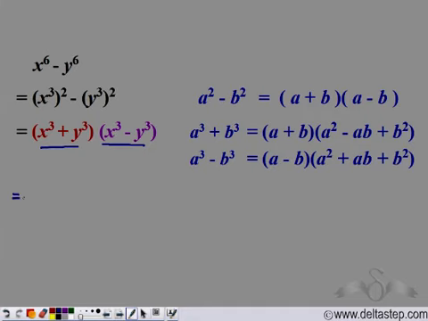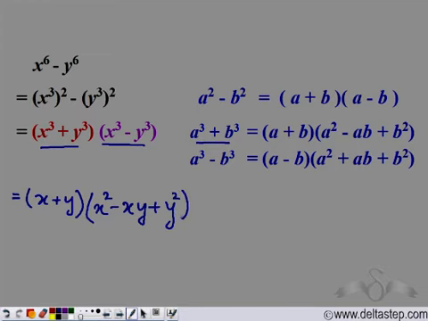So let us factorize these terms further. x cube plus y cube, using this, it can be written as x plus y into x square minus xy plus y square. x cube minus y cube, using this, it can be written as x minus y into x square plus xy plus y square.